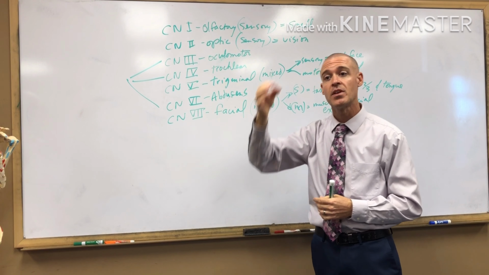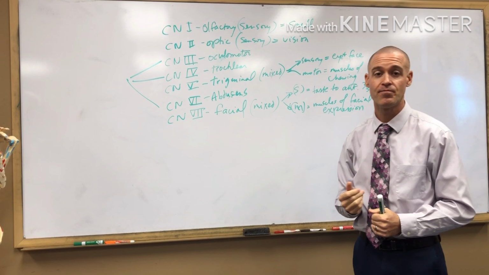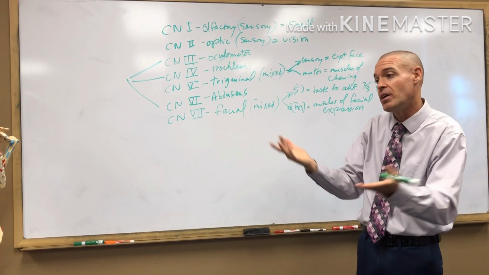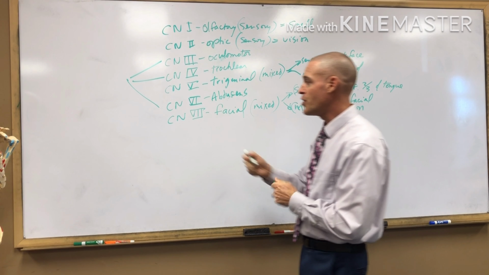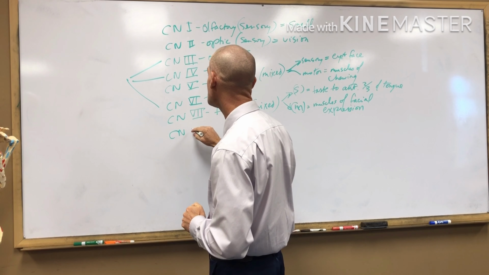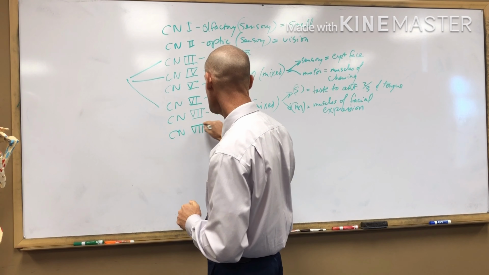Put some on the tongue. Got to put it on the front of the tongue and see if they can taste the cinnamon. I mean, it's not the easiest test, but that's what would be done. Okay. So that's facial. Then we go to our last sensory nerve, which is cranial nerve 8, which is vestibulocochlear.